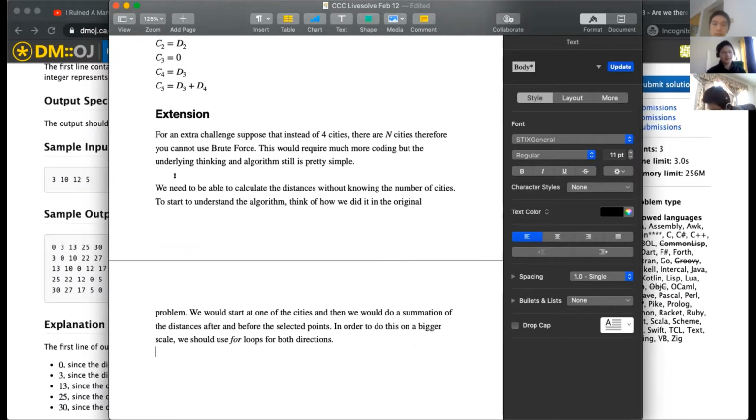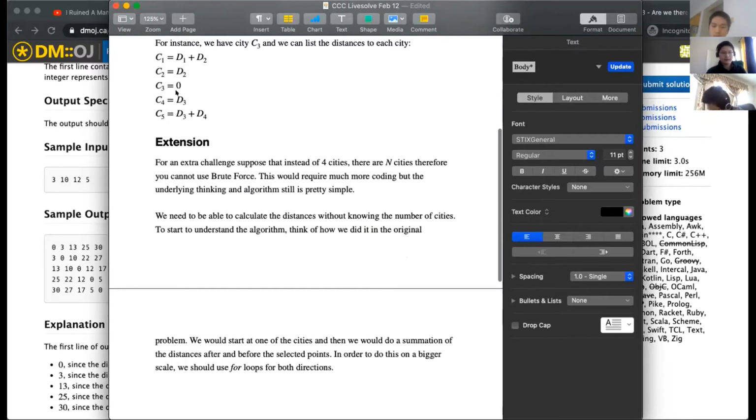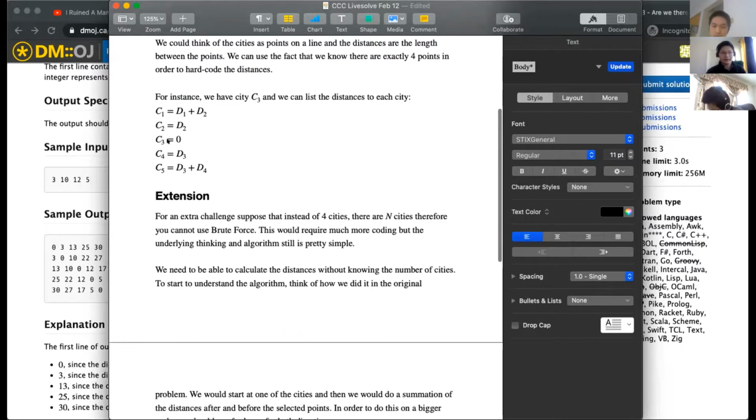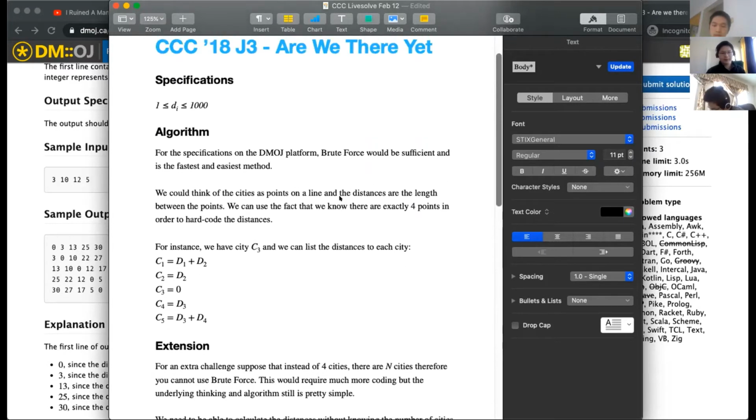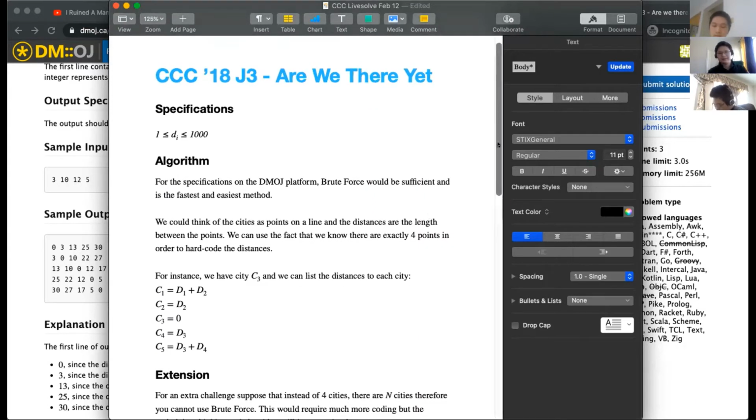So for an extension problem, you're going to have to get more into for loops, calculating all the distances behind it and ahead of it using for loops that start from your index, say city 3, then moving backwards, and then another index starting from city 3 moving forwards. So that's an extension problem, but for the main problem, just hard code it because that's the easiest way. So that's just J3 basically.